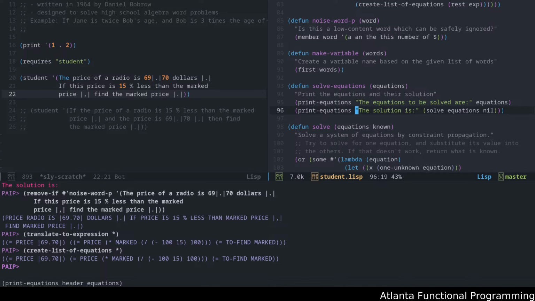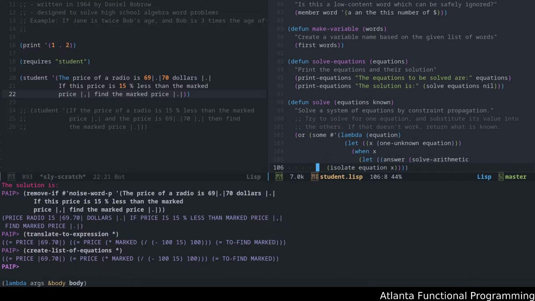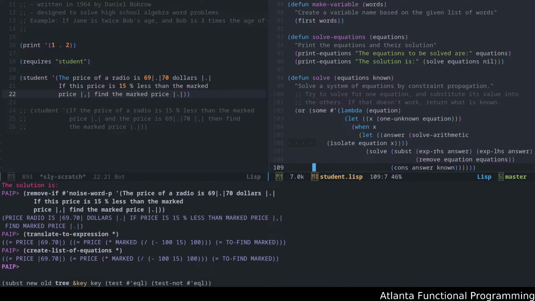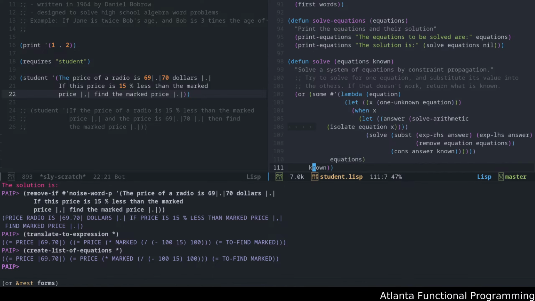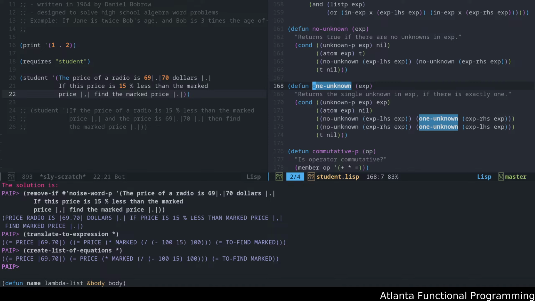So here, what is one-unknown trying to do? Let's remind ourselves of what one-unknown does.